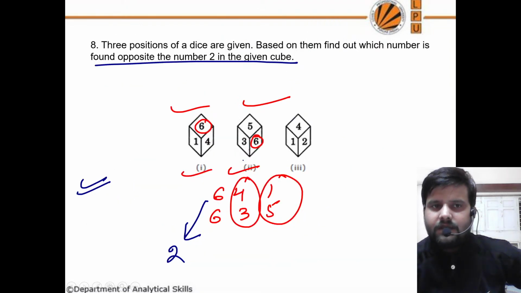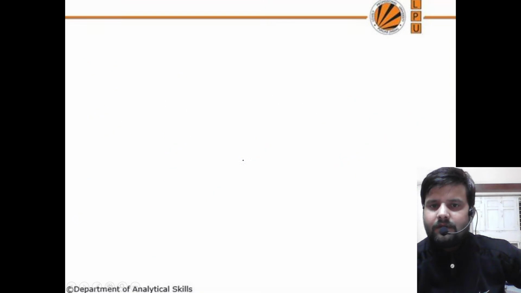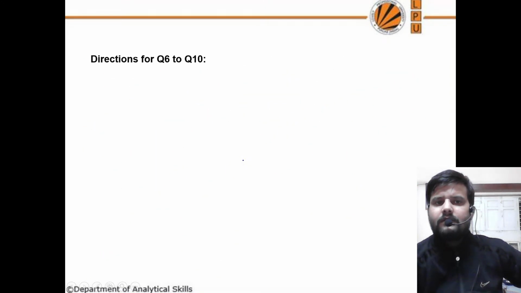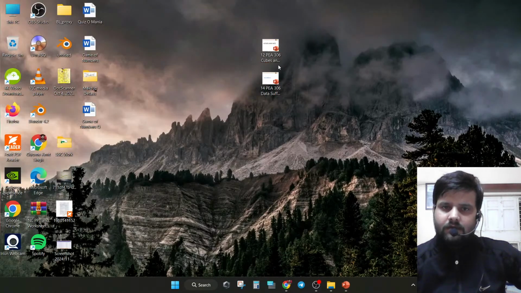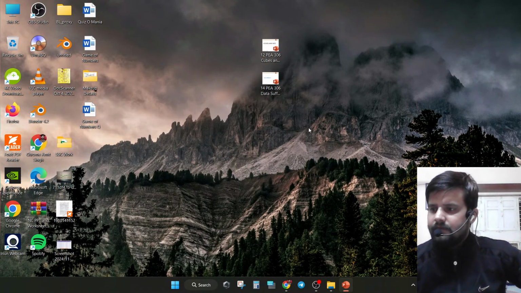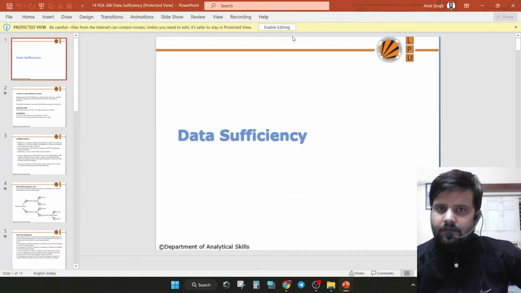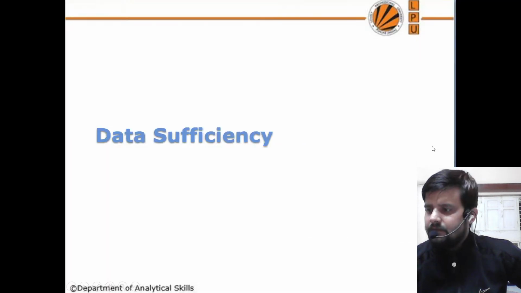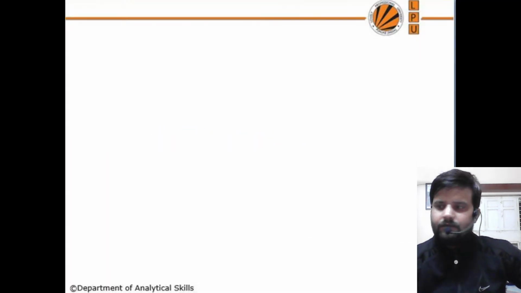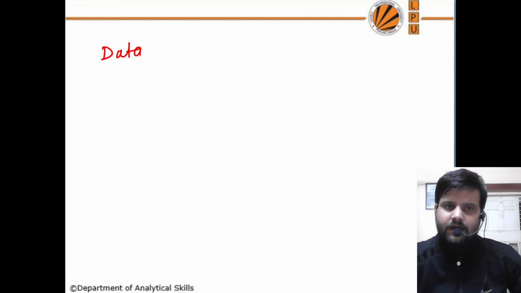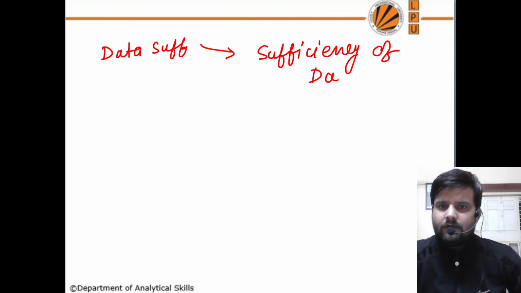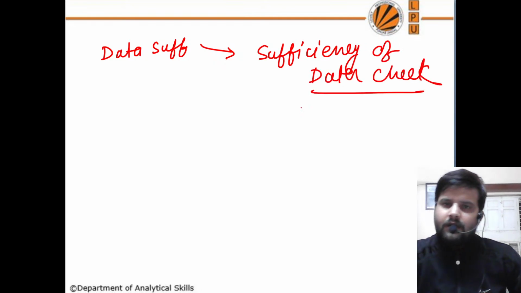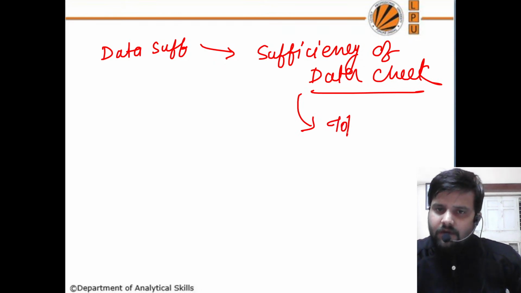You should know a little of the method of answering in data sufficiency. First of all, data sufficiency means you have to check only the sufficiency of data. It means this is not a specific topic.